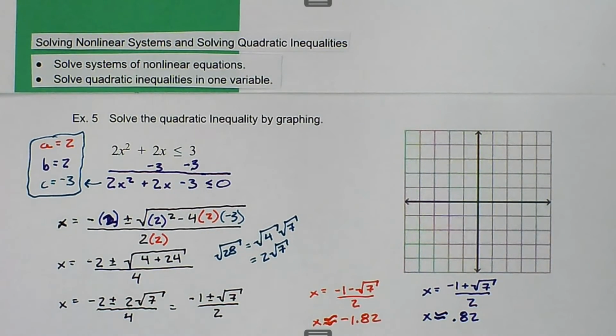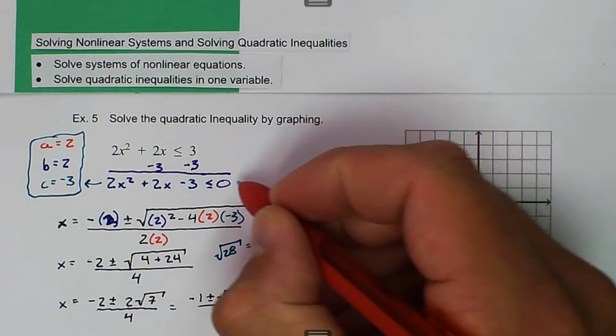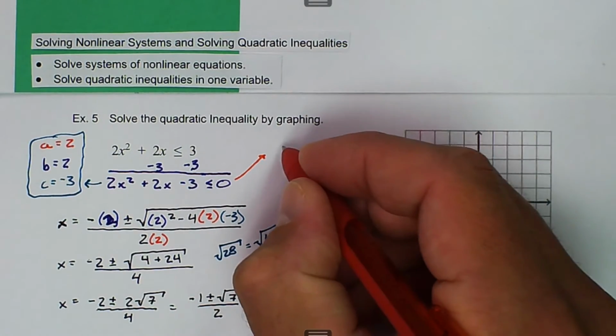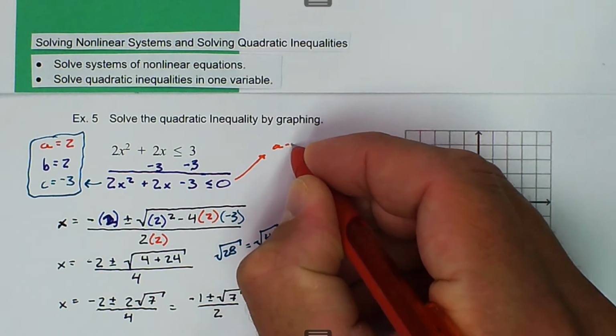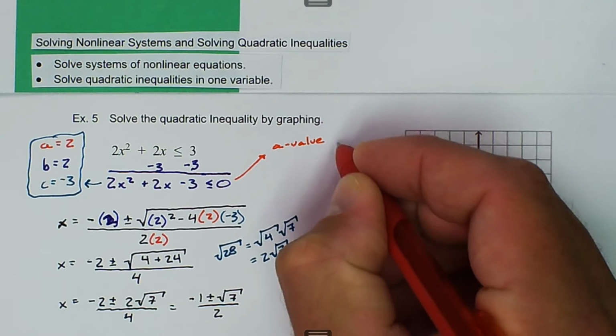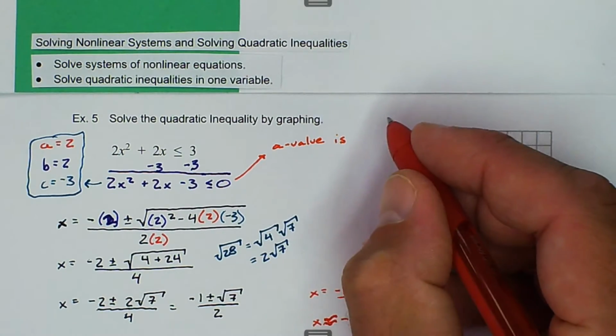Now, in this case, we don't really care about what's happening with the vertex, other than we need to know where it's located. So in this case, our a value is positive.